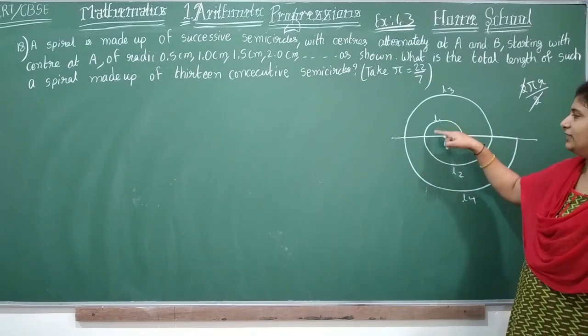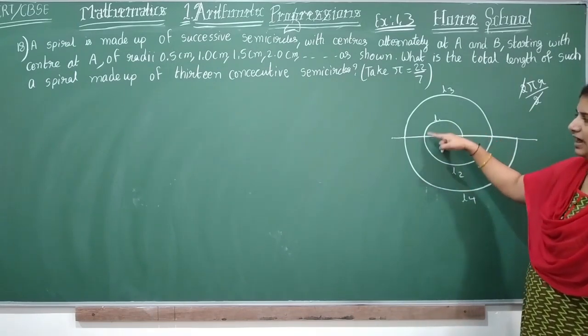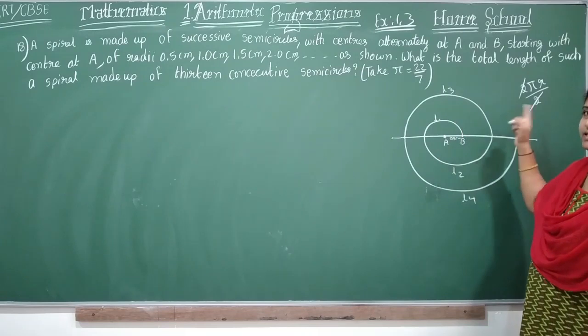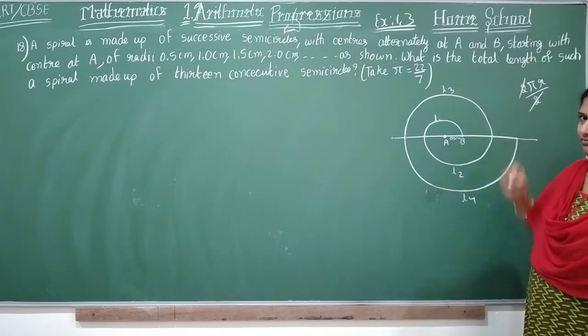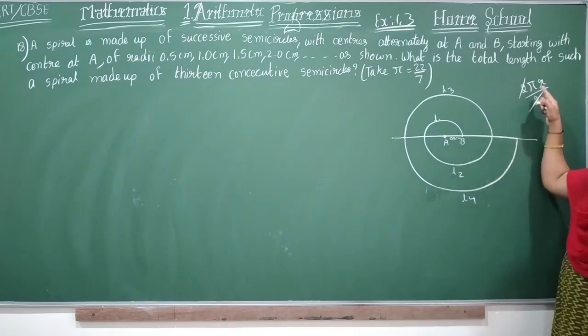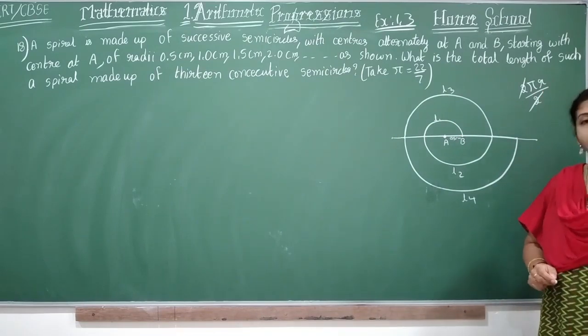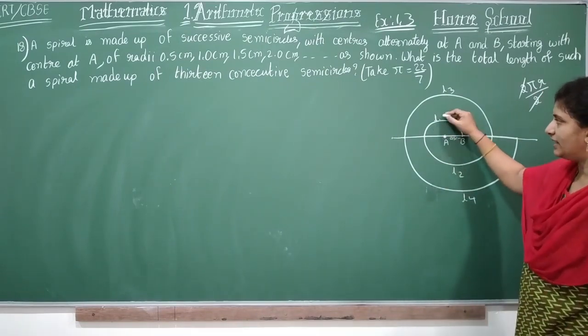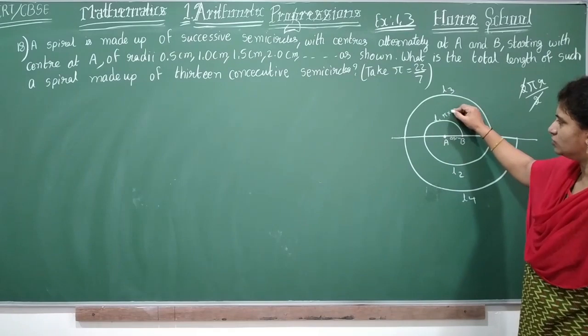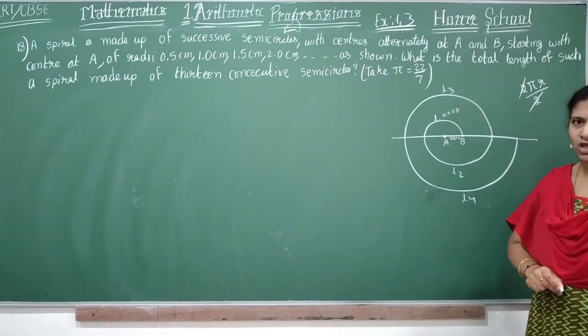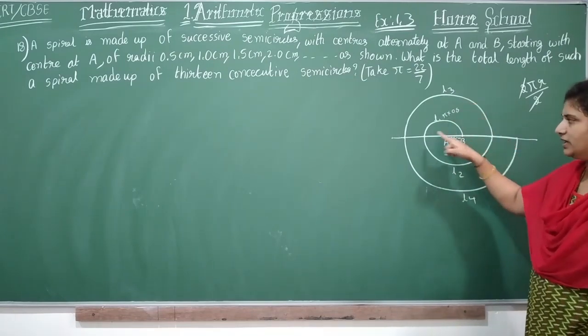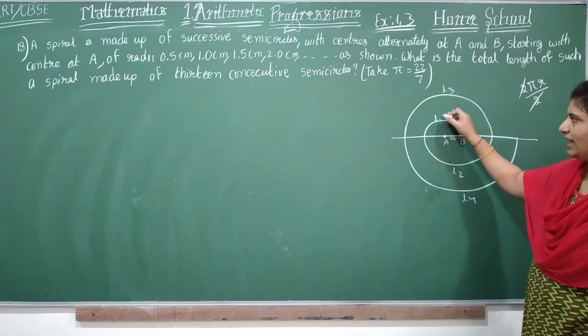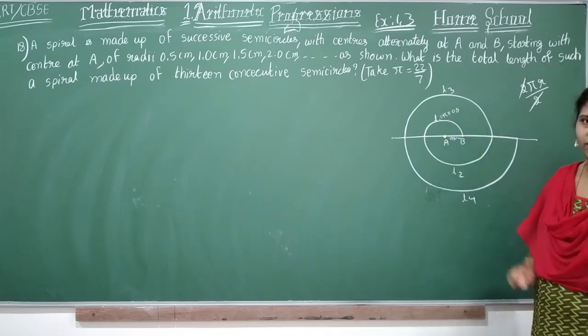What is the length of this line, the semicircle circumference? The formula is pi r. So what is this L1 length? Pi into 0.5. Followed? From here to here, the L1 value is pi into 0.5.